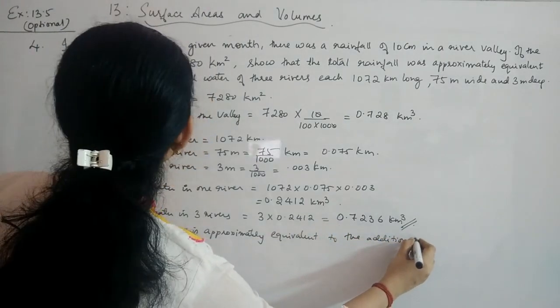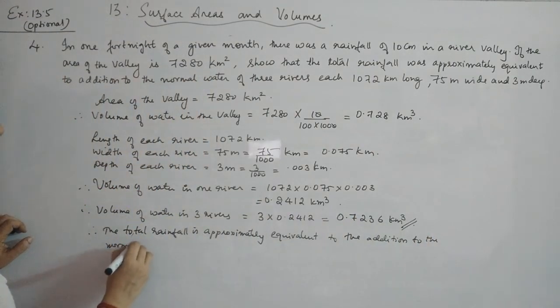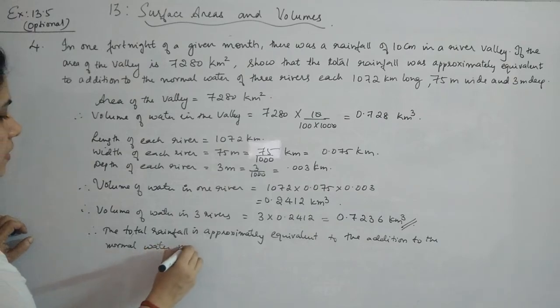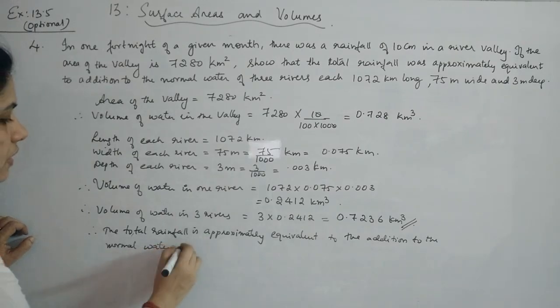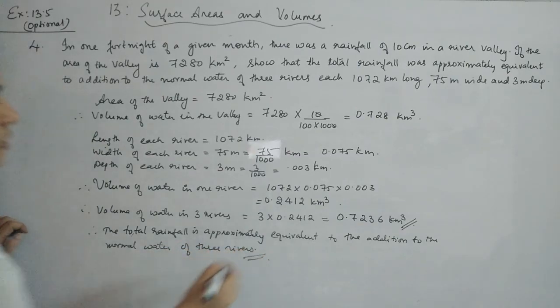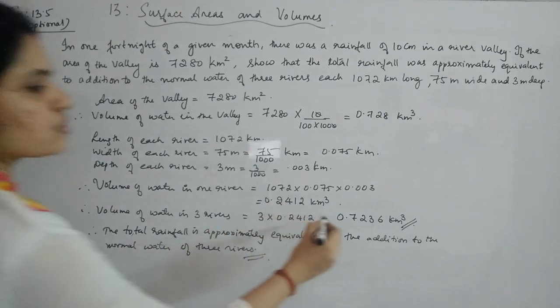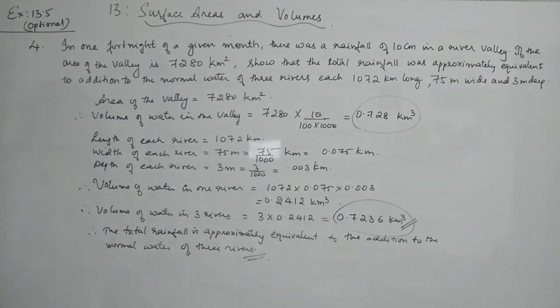Since the values which you have got are approximately the same, 0.728, 0.723. Okay, clear?